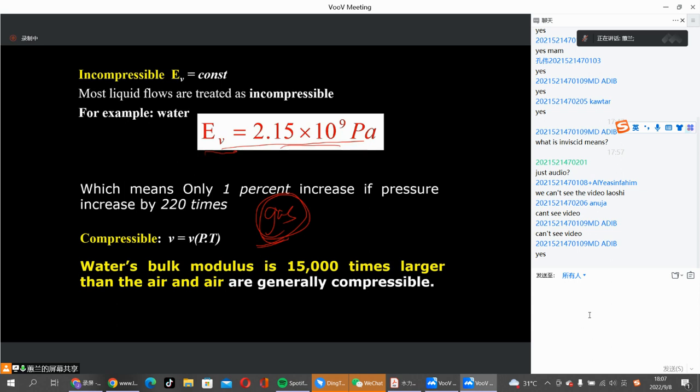But in this course, when we talk about incompressible or compressible, it actually means when the fluid is in motion, whether the volume of the fluid element changes a lot. So sometimes even for air, we still regard it as incompressible fluid, because the density variation is quite small.